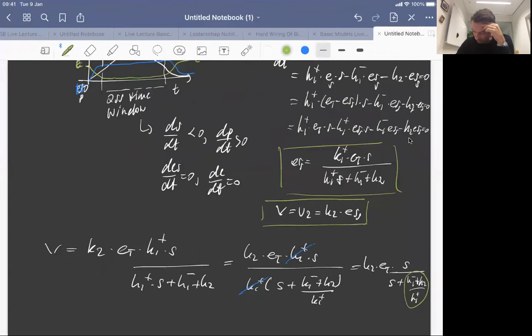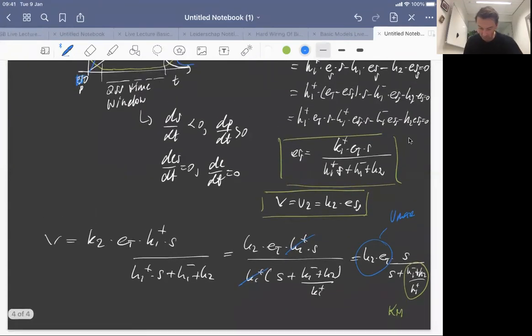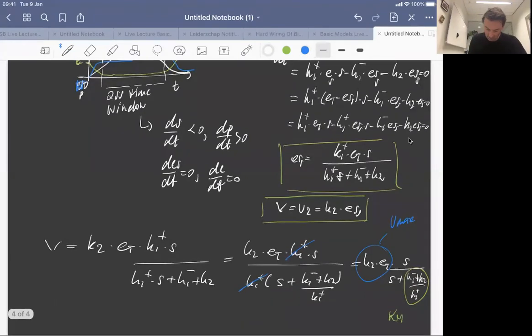Now this constant, I'm going to call the Michaelis-Menten constant, Km. And this constant, I'm going to call the Vmax, so the maximal rate that the enzyme can achieve. So then you get Vmax times S divided by S plus Km.